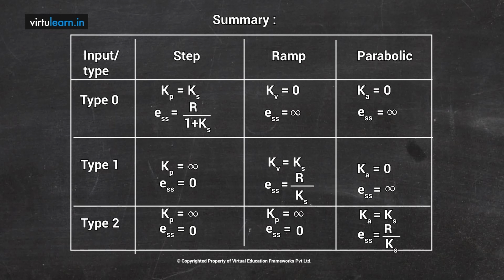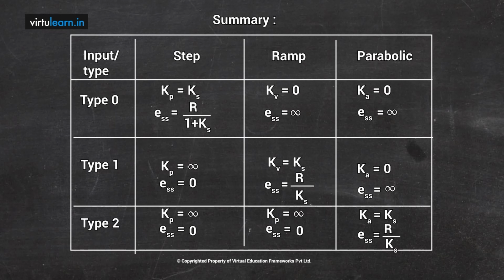Now, if you closely observe, all the diagonal elements in this matrix or table form will have finite error constants and finite errors, and those error constants are only Ks. Ks is the system's static sensitivity or static gain, that is, the static gain of the open loop transfer function GH of s. Now, the lower diagonal elements have error constants that are infinities, whereas the corresponding errors are zeros.